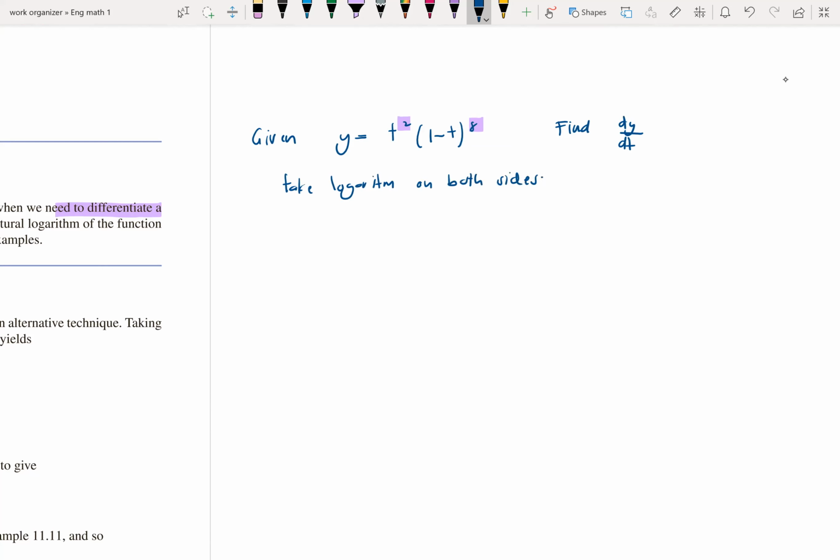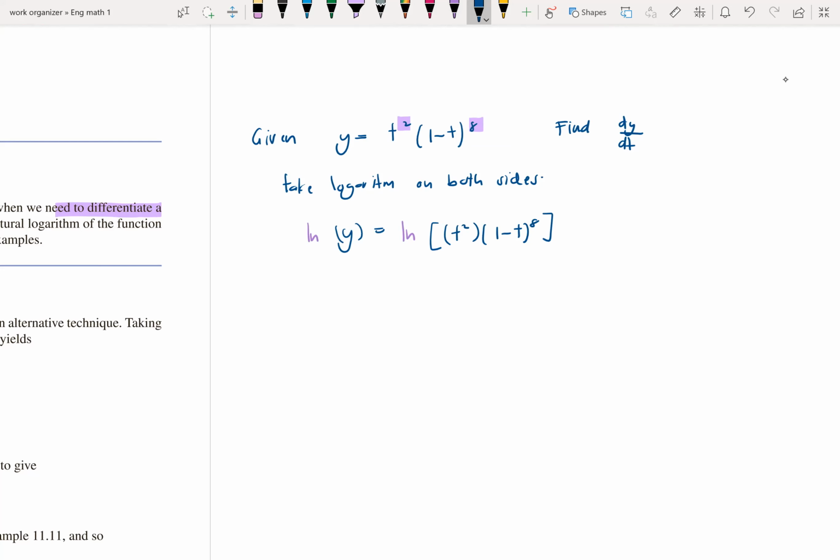So it will become ln y here, and then it will become ln of t squared times (1 minus t) to the power of 8.